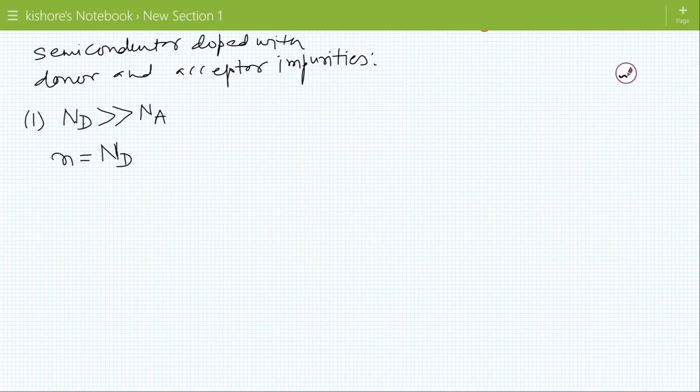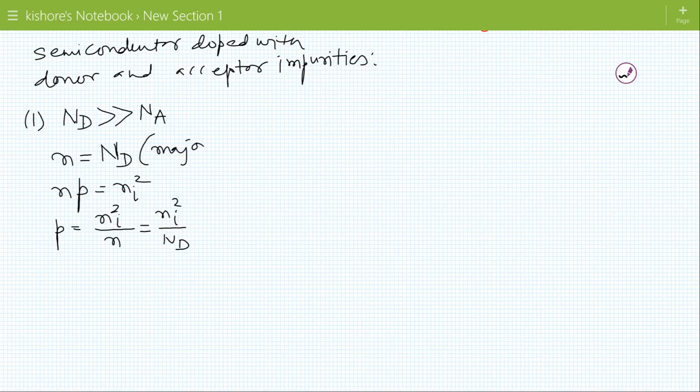Now by mass action law, product of n into p is ni square. So the minority charge carrier concentration is ni square by n, that is ni square by Nd. Electrons are majority charge carriers and holes are minority charge carriers. So semiconductor is N type.